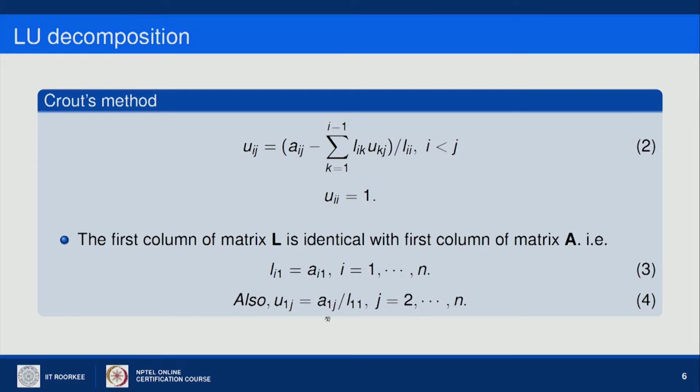In the first row, we can calculate all U1j, which will be A1j upon L11, where j equals 2 to n. Here we are taking j from 2, because U11 is already fixed as 1.